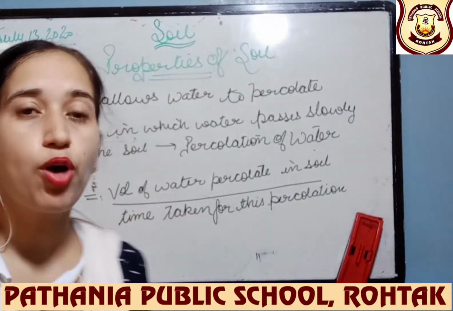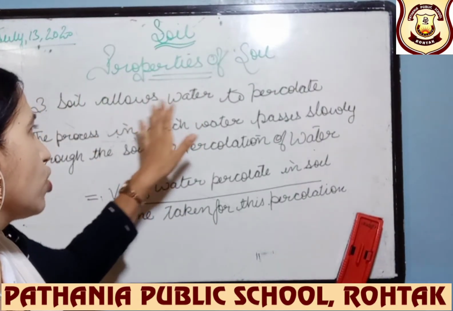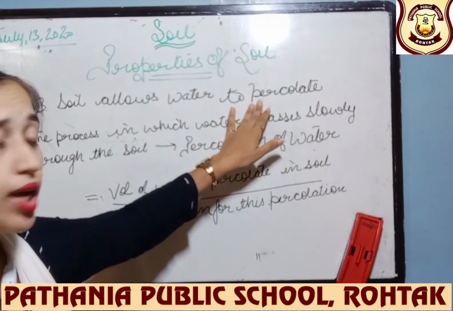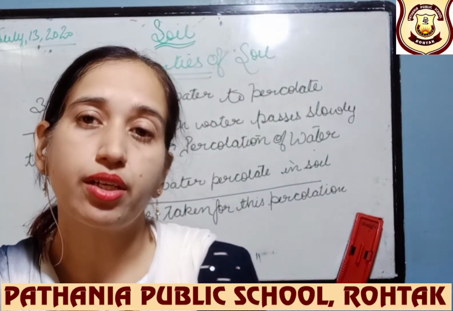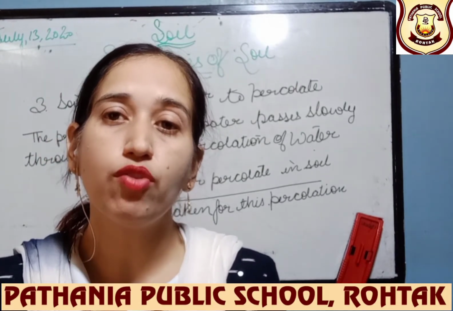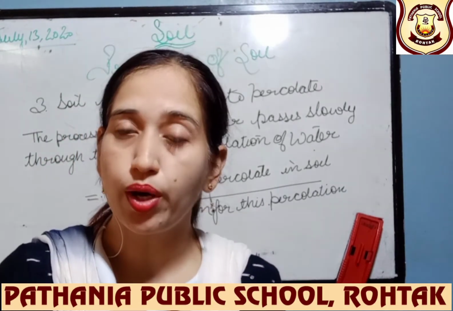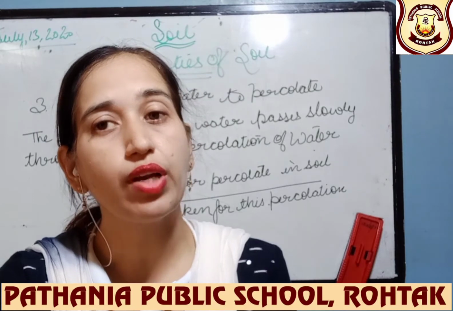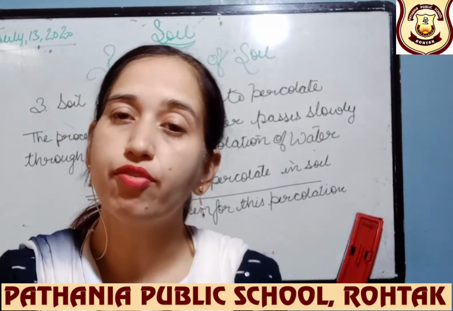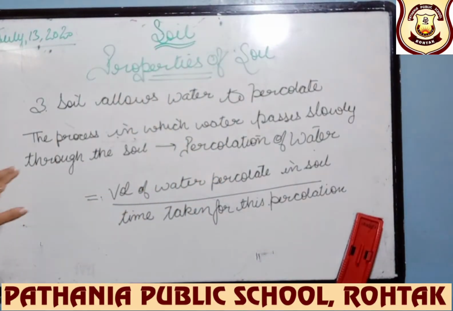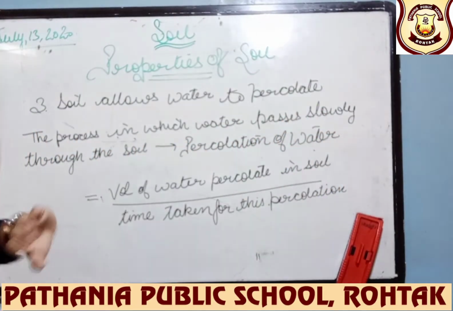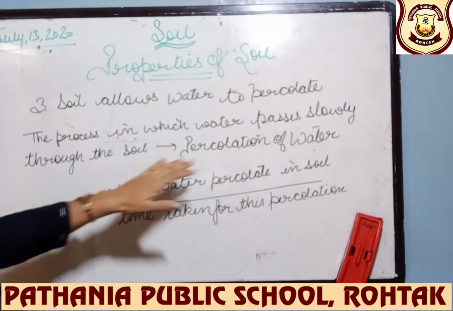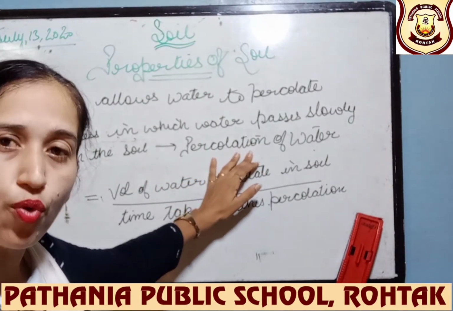The next property is that soil allows water to percolate. What happens in this? When you just spill water on the soil, what will happen? Some water will get absorbed and some will go inside the soil. The process in which water passes slowly through the soil is called percolation of water.